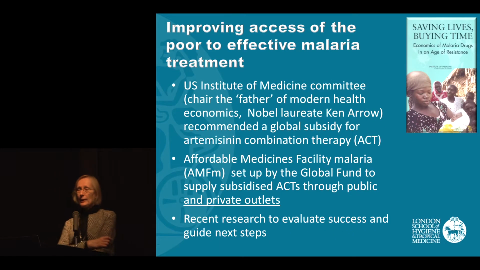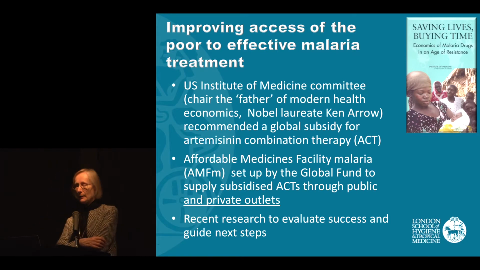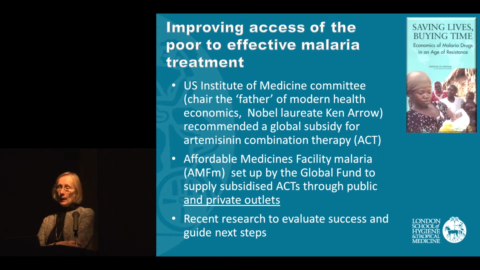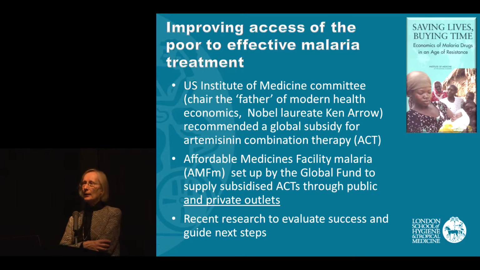So, because of this challenge of how to change the world onto Artemisinin combination therapy, an Institute of Medicine committee was set up in the US, incidentally chaired by Ken Arrow, whom those of you in the audience who are economists will know of as having written one of the most seminal of the papers on health economics. He chaired the committee and recommended a global subsidy for Artemisinin combination therapy. And that was explicitly justified on economic grounds.